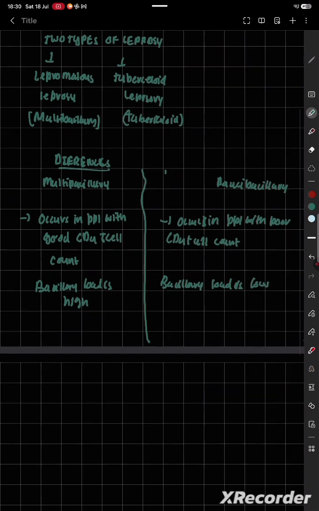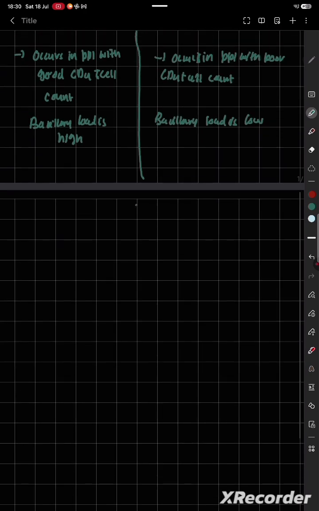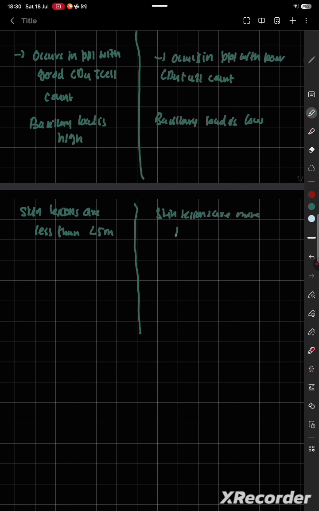Then the next thing is skin lesions. In paucibacillary, skin lesions are fewer than 5, and in multibacillary, skin lesions are more than 10.